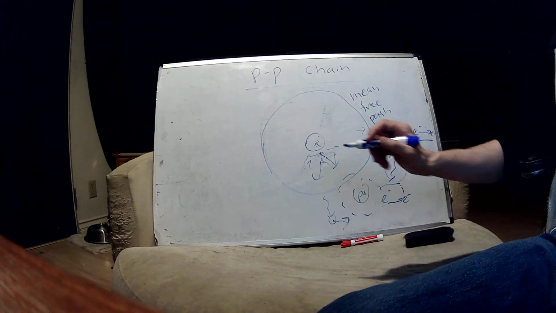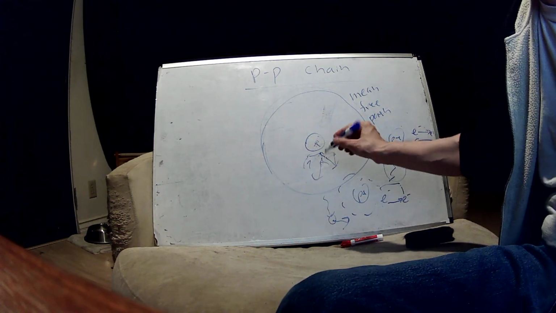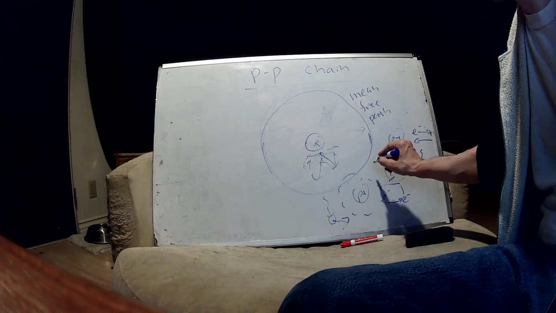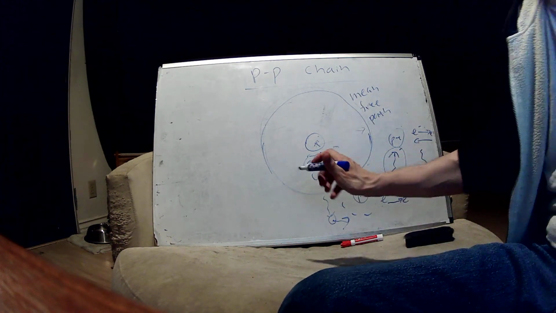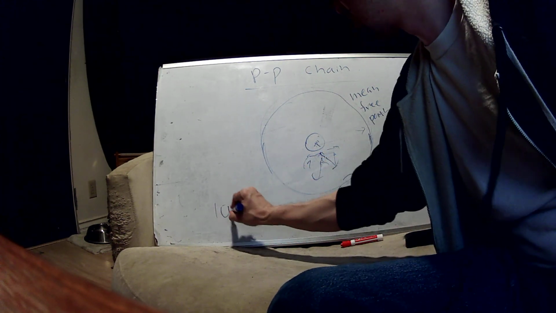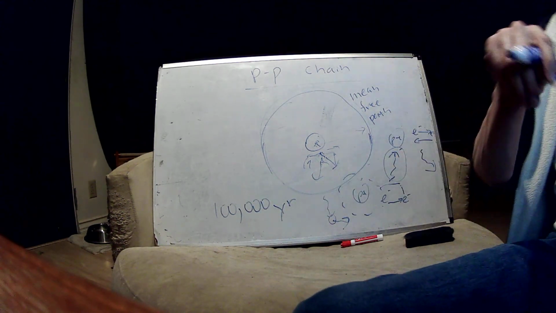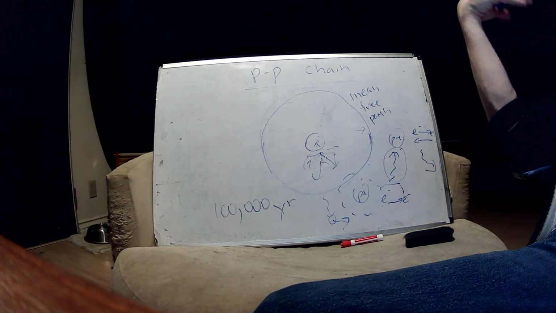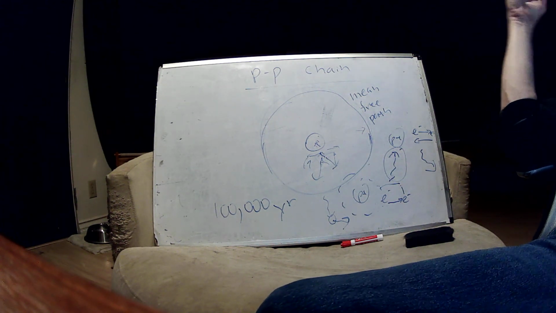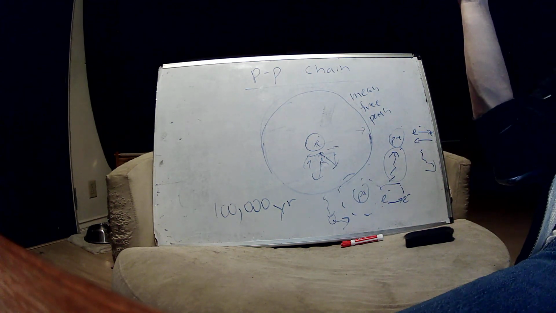But the actual figure, the average time that it takes a photon generated in the core to make it to the surface and escape the sun is something like 100,000 years.